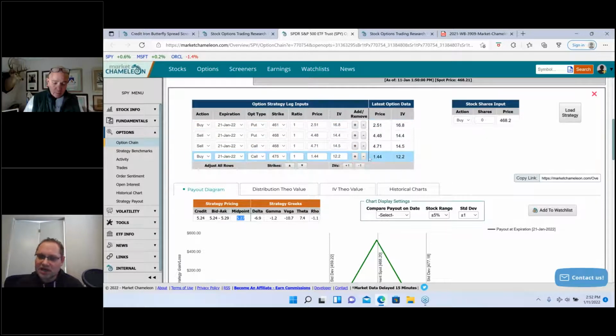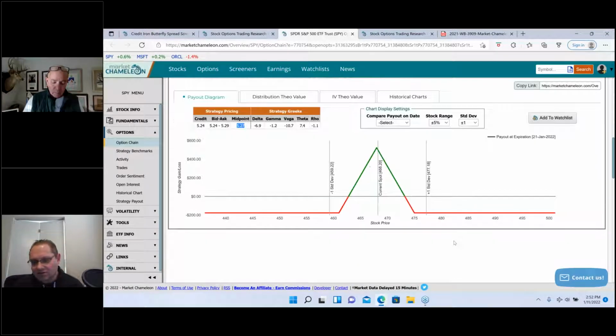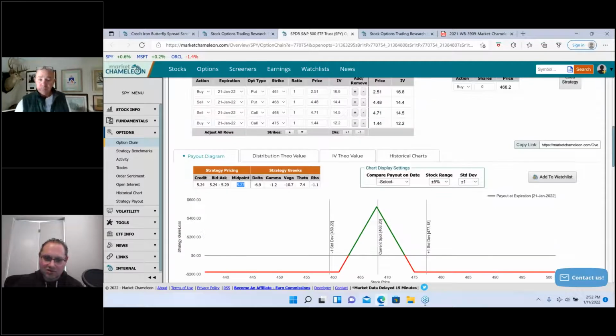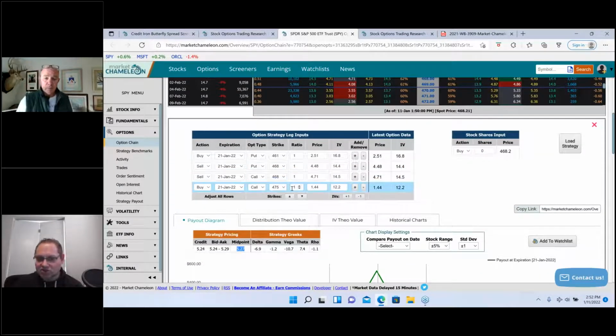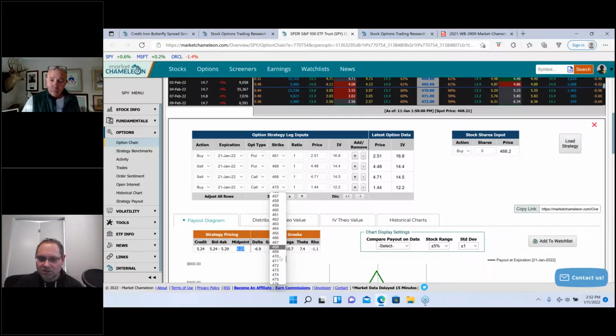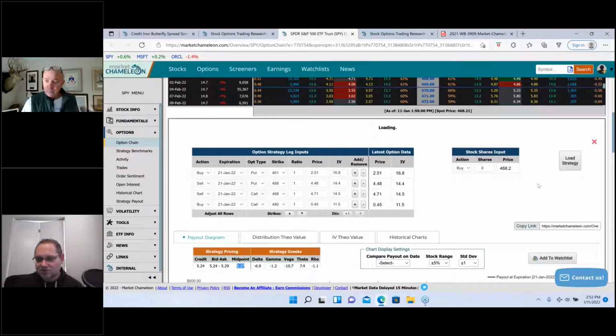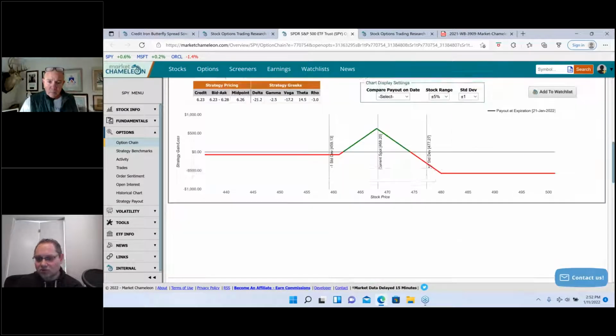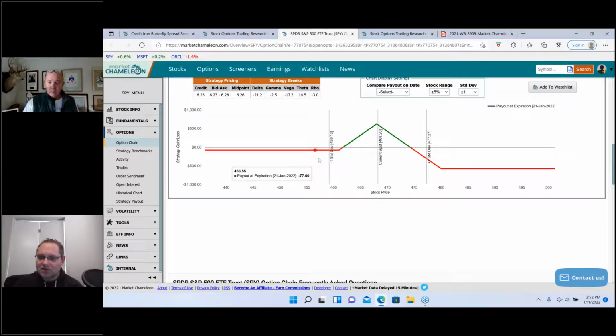The idea behind it is you start changing the ratios, or spreading it out. I'm not going to change the ratios, but I could just expand this wing as well, like to 480, so it'll look a little bit like that.